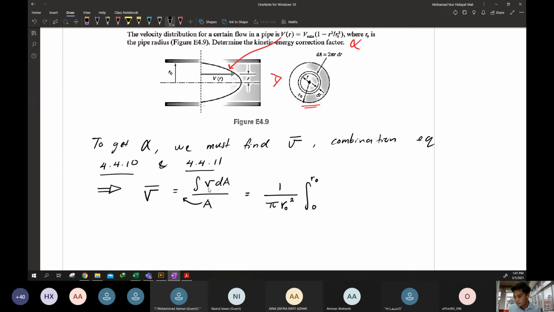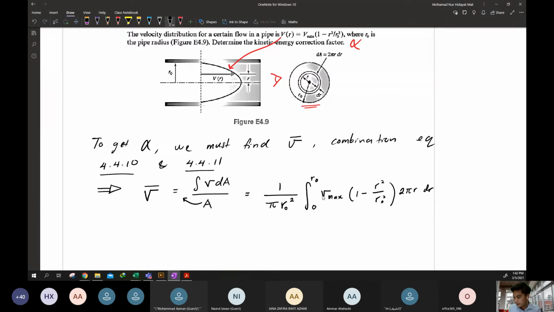Okay, so this is V. V is this function, which is V max, this is the equation given, bracket 1 minus r squared over r naught squared. And dA is given by 2 pi r dr.